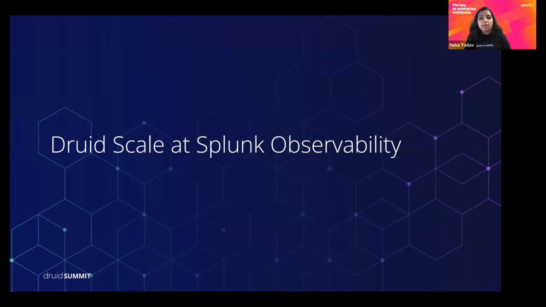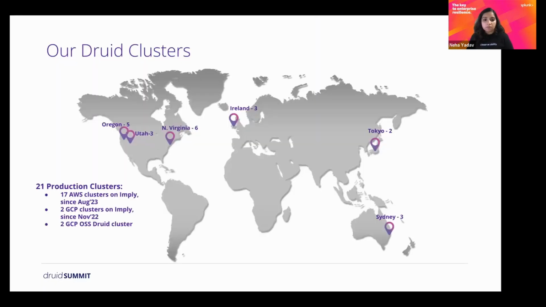Let's talk about our scale of Druid at Splunk Observability. Like I said, our Druid clusters are distributed, basically deployed across the globe. We have 21 production clusters. Out of those 21 clusters, there are 17 AWS-based clusters that were migrated to Imply earlier this year.